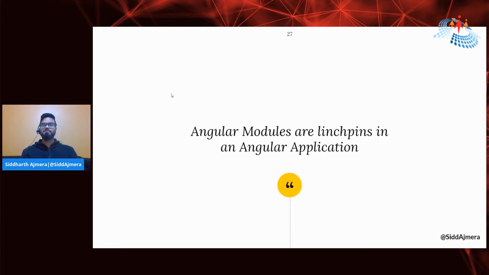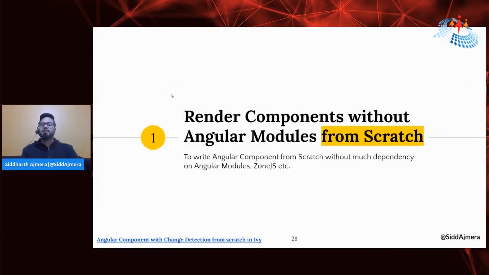But if, let's say, we are able to successfully render a component without even using an Angular module, then these are a few things that probably won't be happening by default. So these are a few things that we will have to take care of on our own. And so with that, let's start with the first example wherein I will be rendering an Angular component from scratch without using an Angular module.